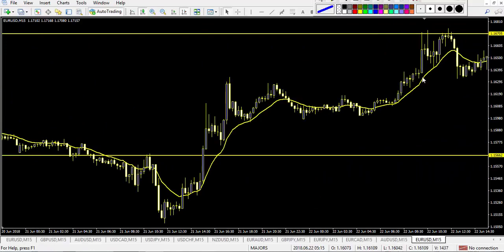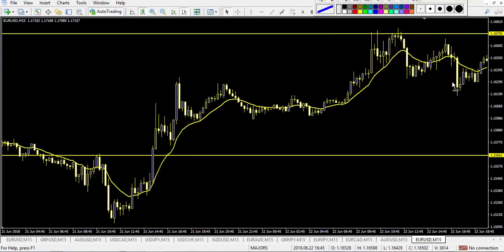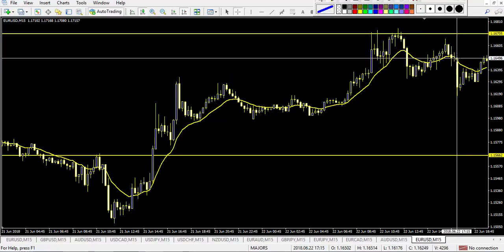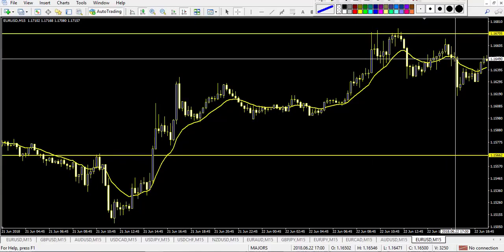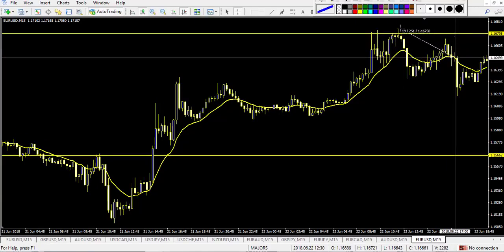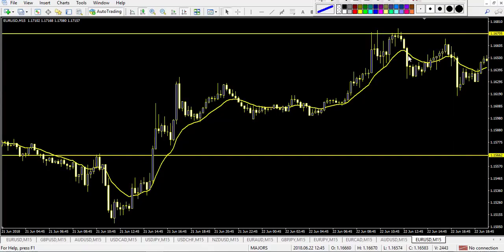Okay, so this one breaks the 13 EMA once, comes back near the level. It's not a clear break, but this one is takeable actually. It met the rules, and it's a 26 pips stop loss.